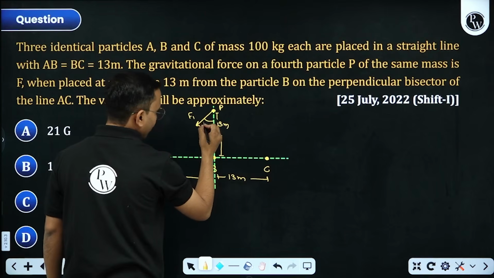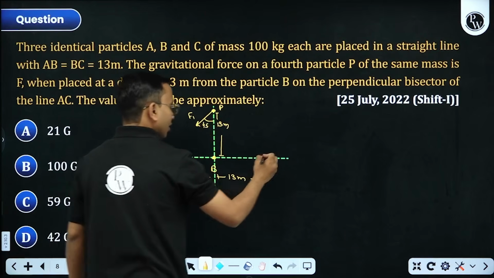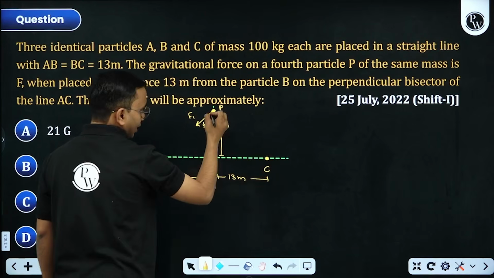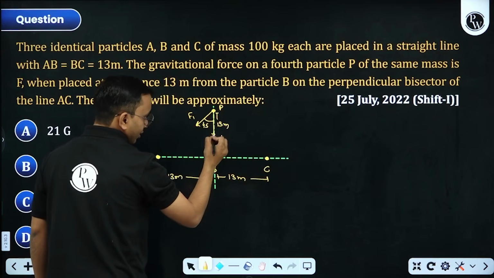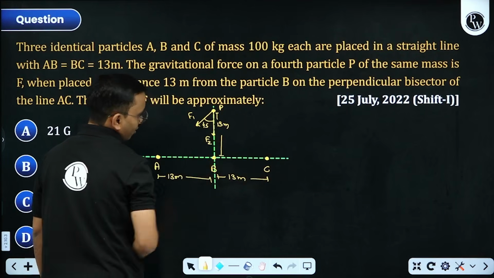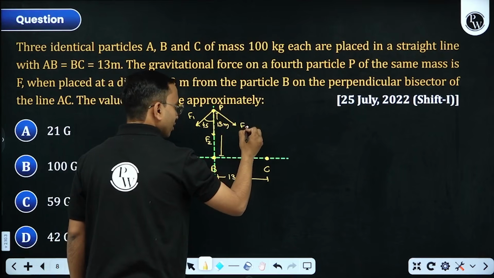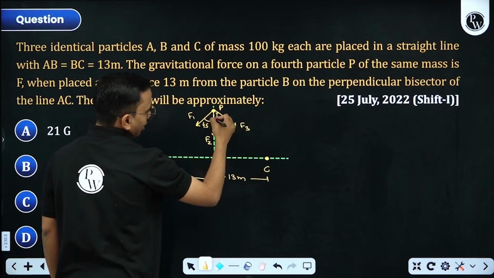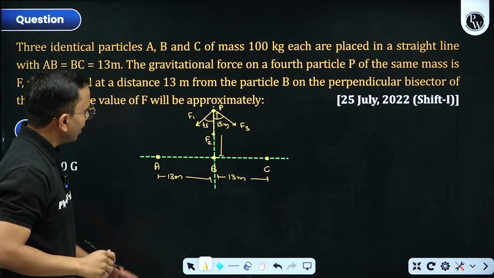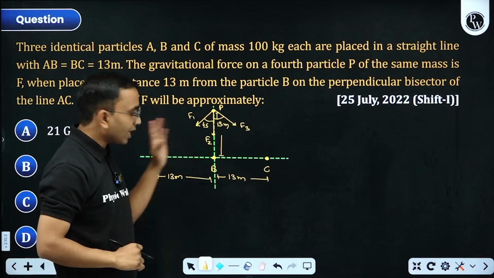This is 13, this is 13, so this is 45. Due to B, this is F2. Due to C, this is my F3. How much is this angle? Again 45 degree.